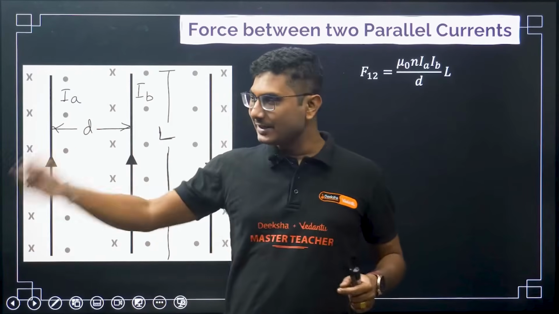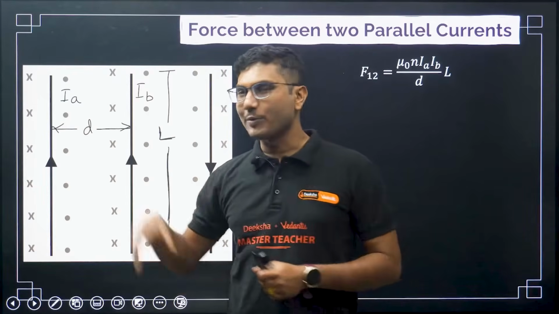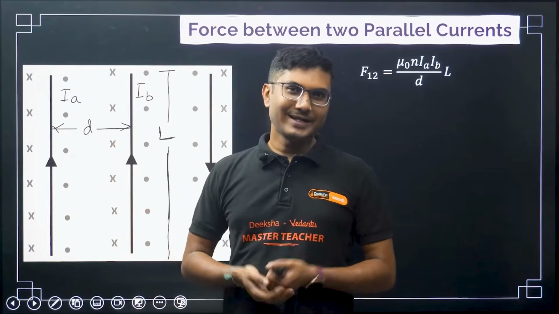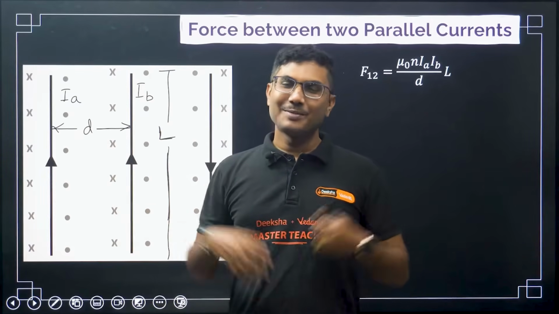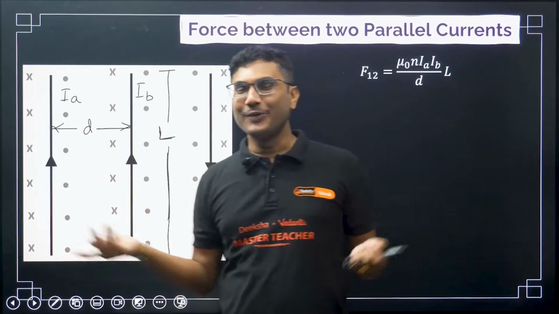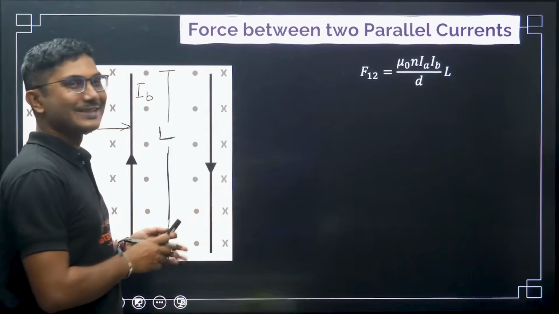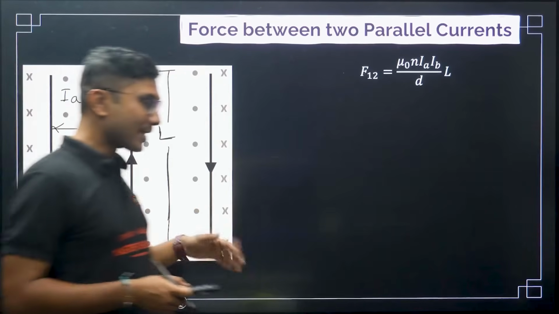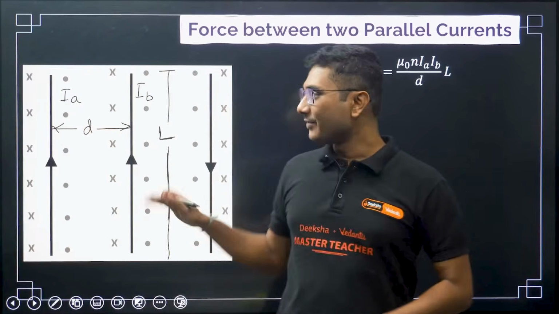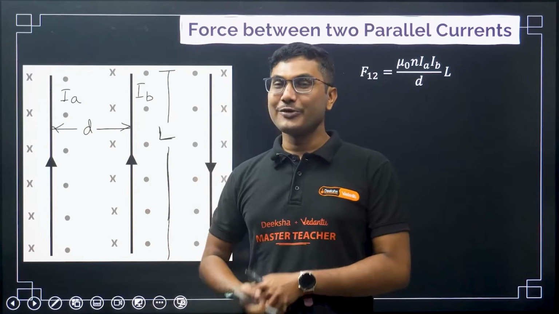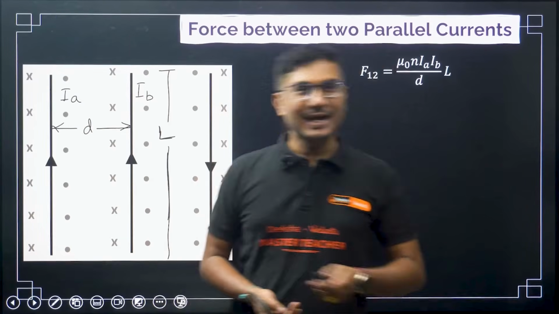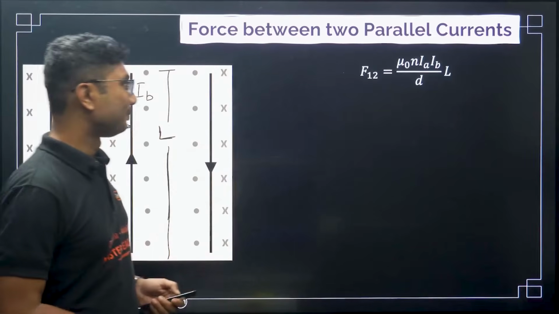Again, whatever he is writing, the first student is also trying to copy from the second student, right? So both of you copy from each other, but you don't know the answer, so you know what you will write in the exam hall, right? So that is what is happening between these two wires. One is producing a magnetic field, the second one is getting affected. The second one is producing a magnetic field, the first one is getting affected, and so on.